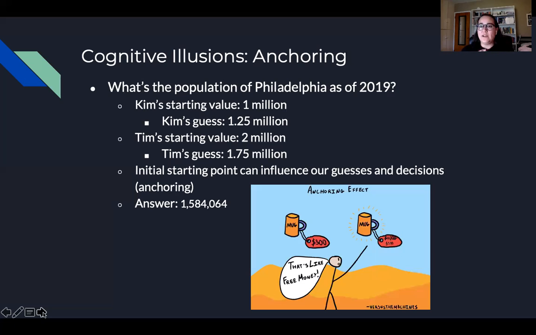The point at which you're anchored is, whoa, the value of this is $1,000, but I can actually get it for $300. So really you're telling me I'm saving $700, when in actuality the mug was always going to be $300. Again, this is the influence of our perspective having a role in our decision-making processes.